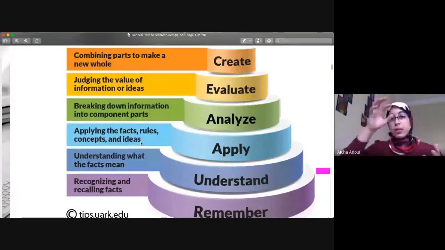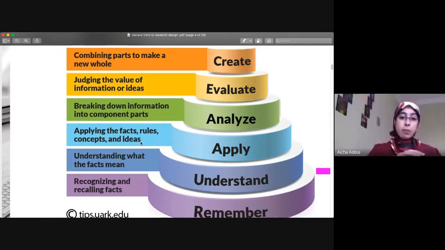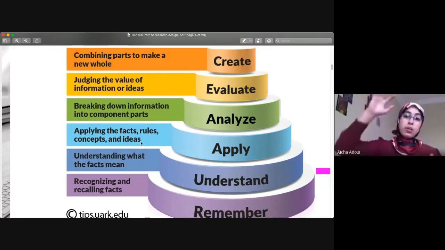Then again, this is something that I see is very much connected to research design as well. The objective of a research design is to connect with the lower level thinking that we have about a certain issue and go into the higher level of thinking, going from not knowing anything about a certain topic into knowing the major components about it.